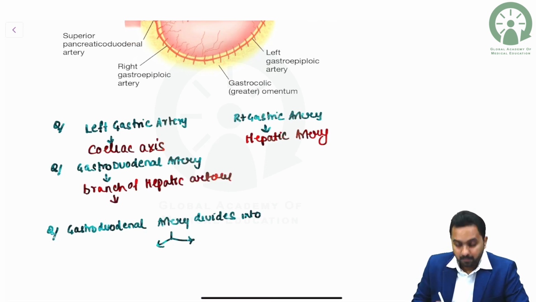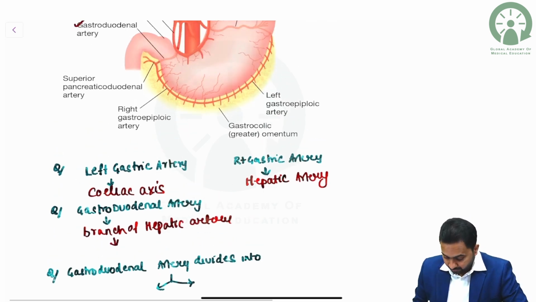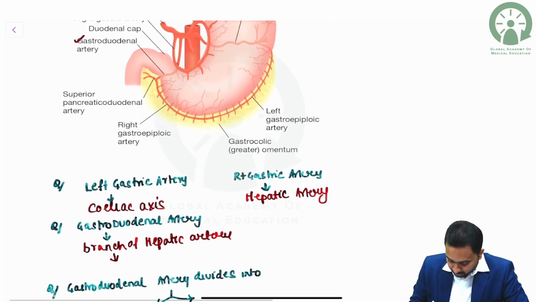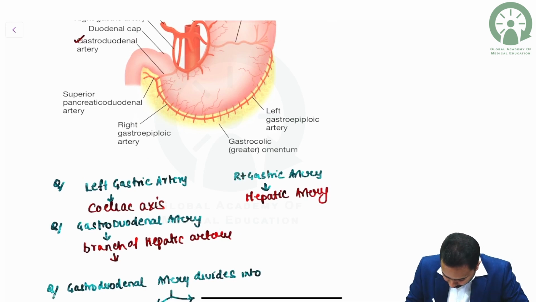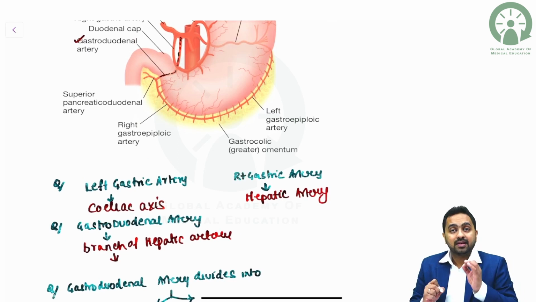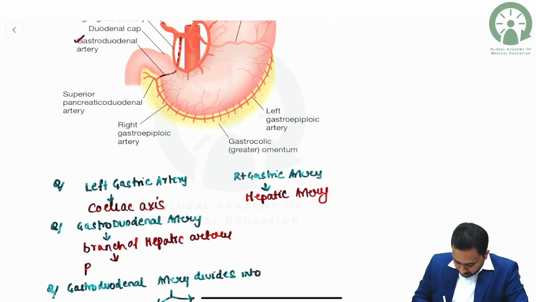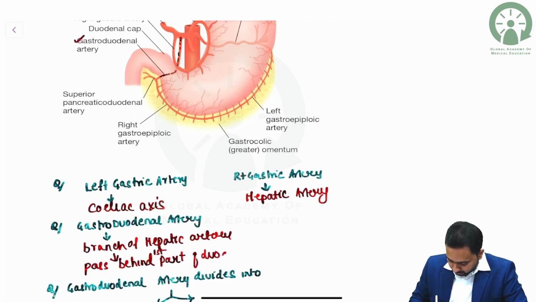If you trace it back, it is a branch of your hepatic artery which is passing behind the first part of the duodenum, right? So what is the importance of this passing behind the first part of the duodenum? Now the importance of this is that it is often implicated in your bleeding duodenal ulcer, right?